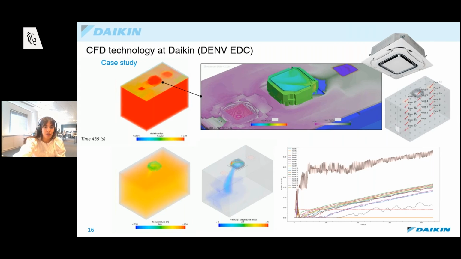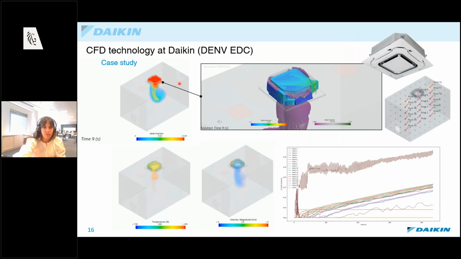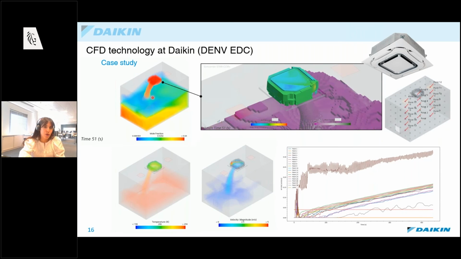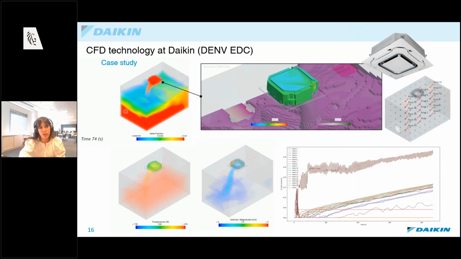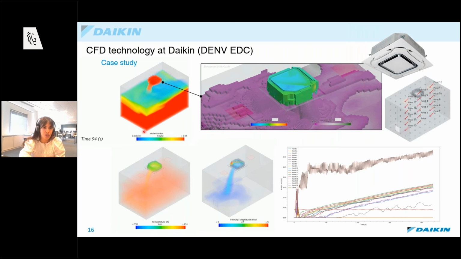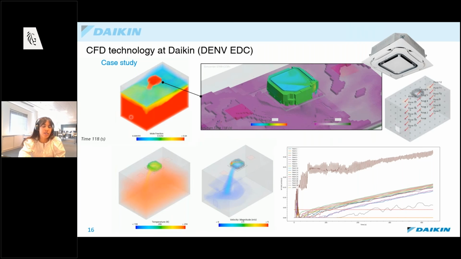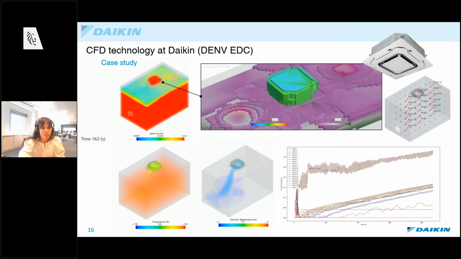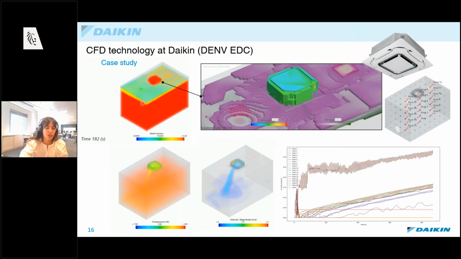So it becomes quite useful for us to see the behavior during a normal leakage. Where does the plume go? When do we start to have a higher concentration? What is the concentration of the leakage in the openings of the room? So it's very useful information that normally, of course, from a test we couldn't have.